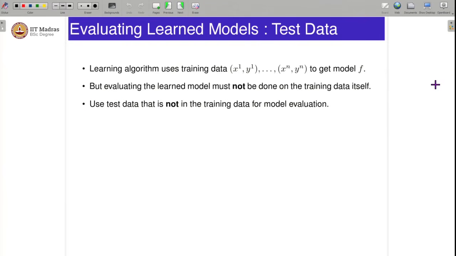Here is the main thing, you are not supposed to use the training data itself to evaluate the learned model f. Let us say you have decided to use model f based on the training data x1, y1, x2, y2, up to xn, yn. How would you evaluate this model? I am saying that you should not do that based on the training data itself. You should use test data which is not in the training data for evaluating the model.